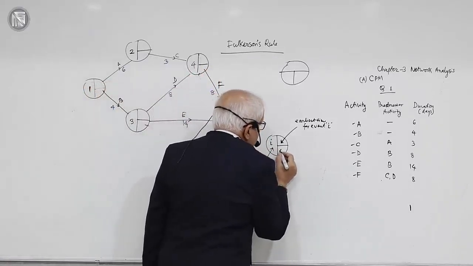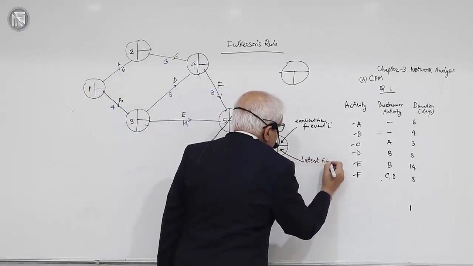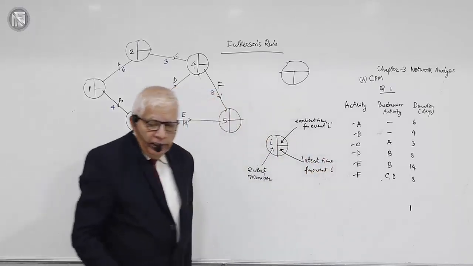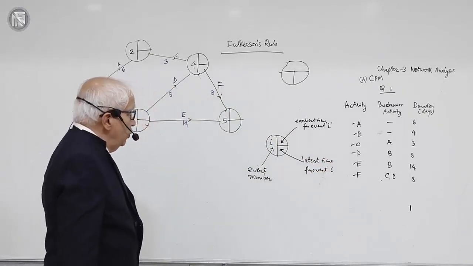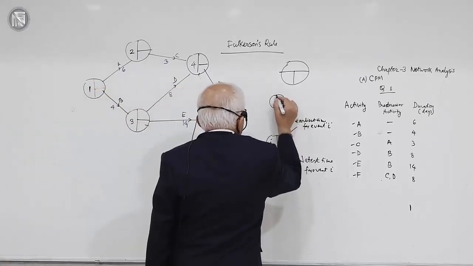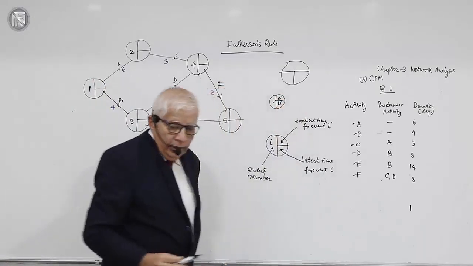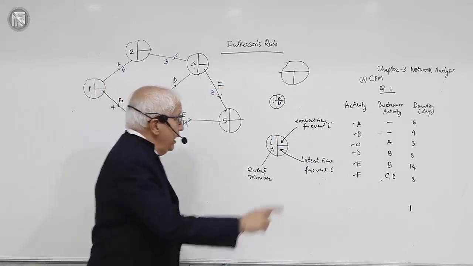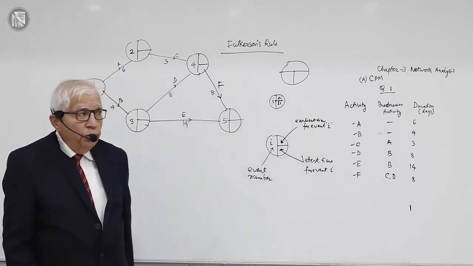And correspondingly, this is the latest time for event I. So EI, LI. These are the three numbers which are going to come inside the circle. Finally, when I complete the diagram, it will be I here, EI here, LI here. I is the event number, E for early, the earliest time for event I, L for latest time for event I. That is the notation that we are using.